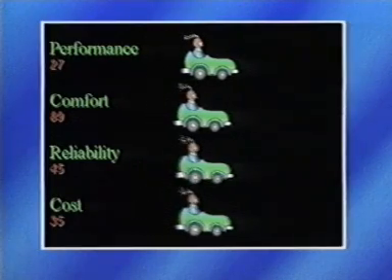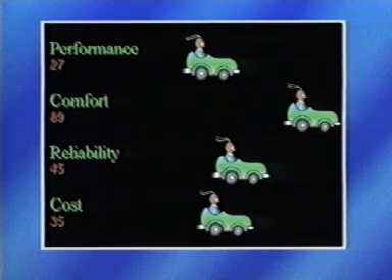Then if they thought reliability was second most important, they would press button 3 next, followed by button 4 if they believed that cost was third most important, and finally button 1 to indicate that performance was the least important. The resulting graph is calculated by weighting the keys to reflect the order of choice.